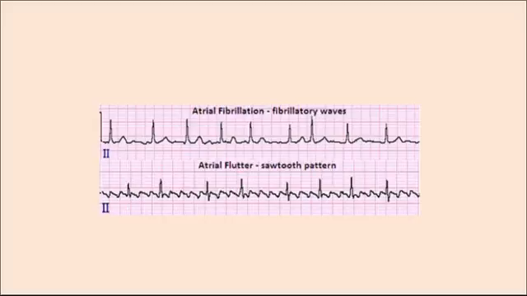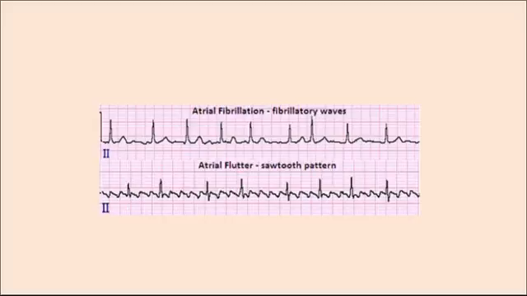So if you lose this true atrial contraction, you're losing your atrial kick and decreasing your cardiac output. When it is uncontrolled, a patient can develop angina, syncope, heart failure, all the things that develop from a decreased cardiac output.